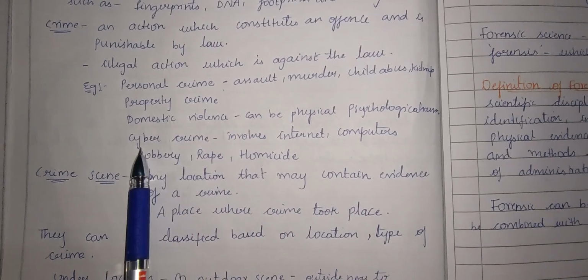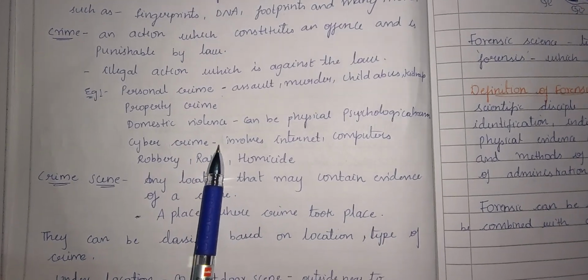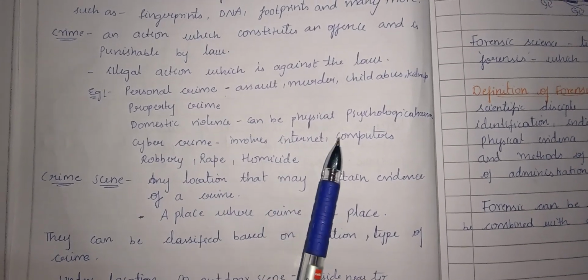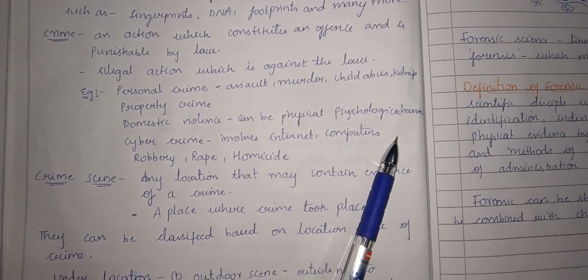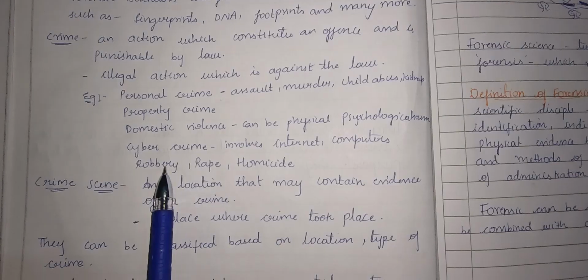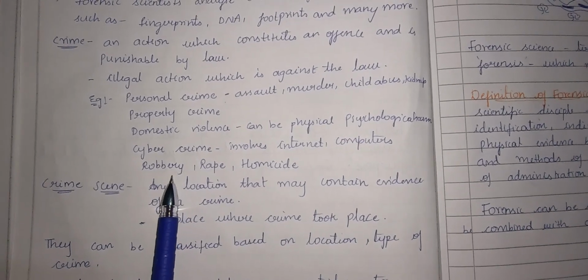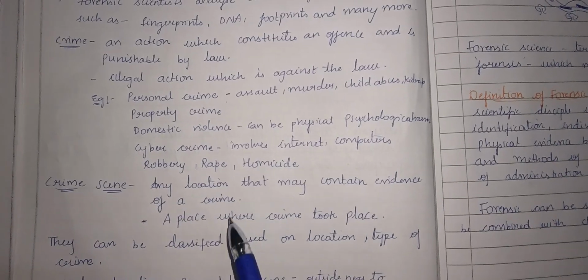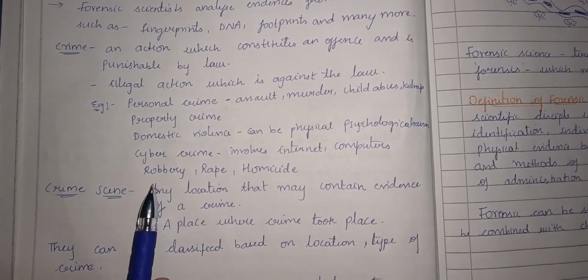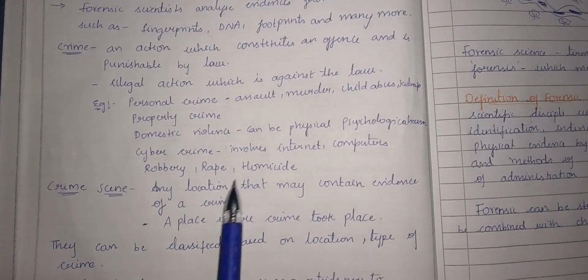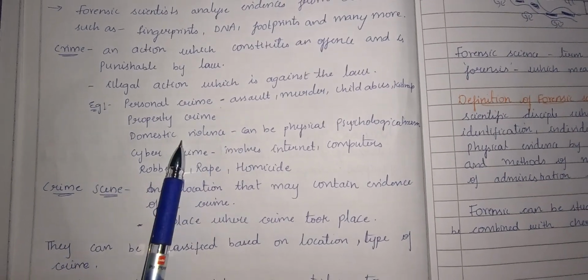Cyber crimes are increasing day by day everywhere; this majorly involves the internet, computers, and online resources. Whatever crimes happen with the help of those come under cyber crime. Robbery is when one person breaks into another's home and steals money or property. Then there are rape and homicide. These are the different kinds of crimes, and these are only some examples.